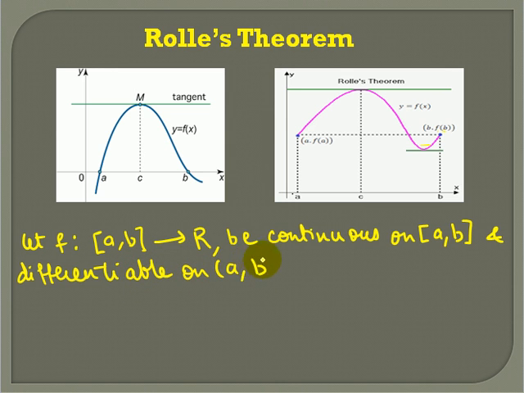What is the third thing we have observed here? Such that the value of the function at b is equal to the value of the function at a.